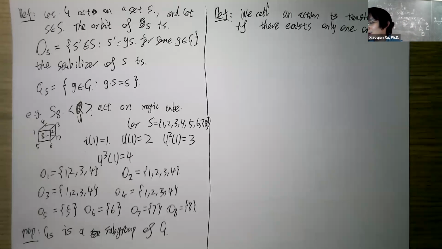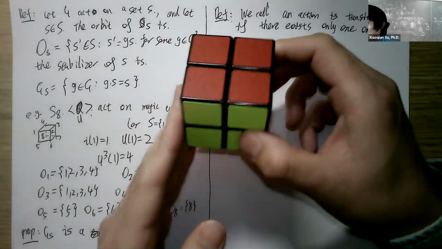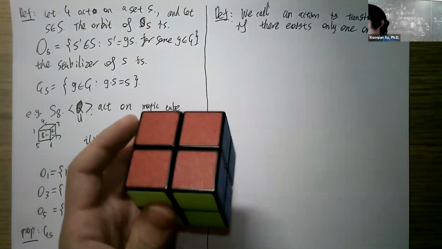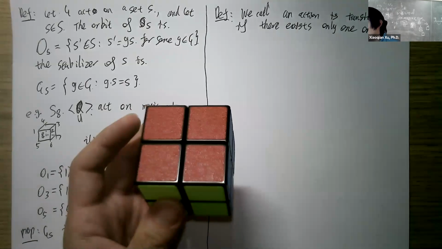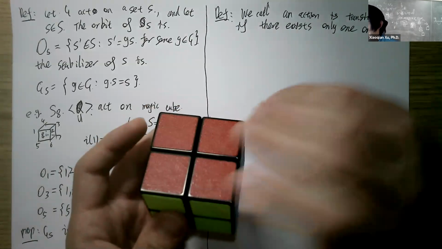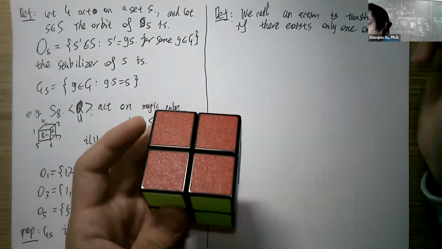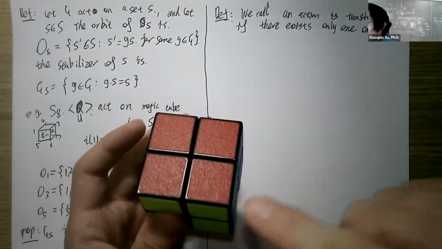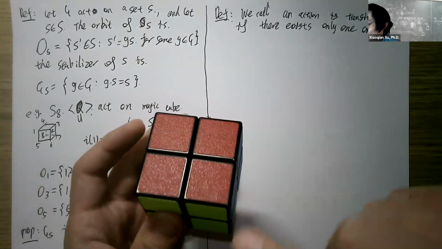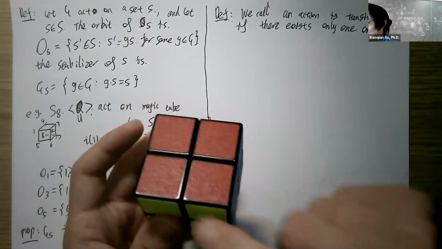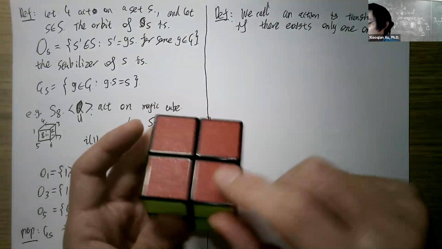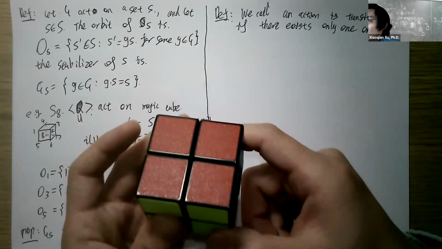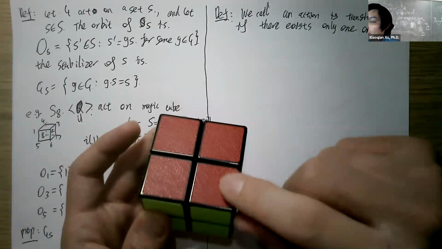Well, go back to our example. If we want some action or some group to be transitive, then we want a group that can change this cube to any cube, so there at least exists one operation that can do that.